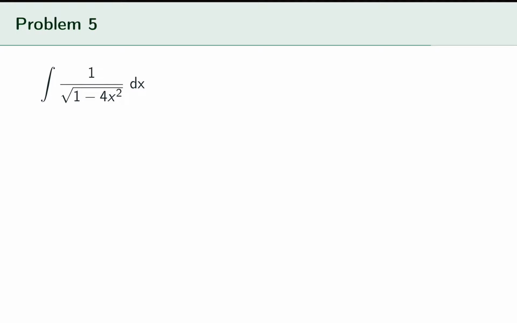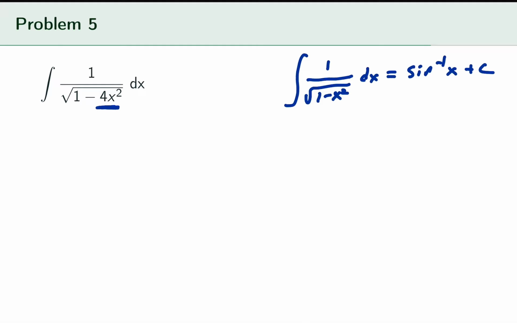So for this one, we actually have to use the idea of inverse trig. Okay. So we have to know that antiderivative of 1 over square root of 1 minus x squared dx equals sine inverse of x plus c. So we have to use this fact for this problem. Okay. But in order to use this fact, this has to be an argument square.